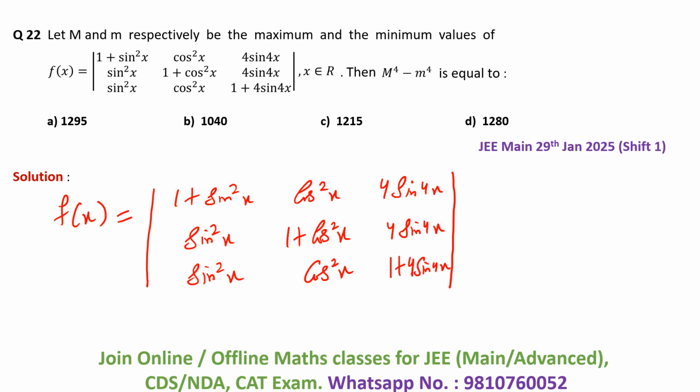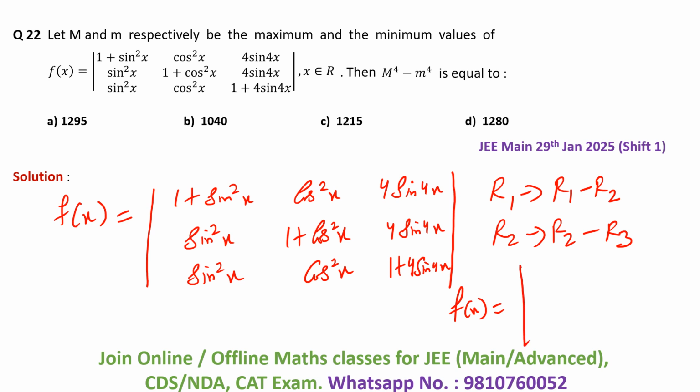Right? Now students, you can clearly observe, if I do these operations, R1 tending to R1 minus R2 and R2 tending to R2 minus R3, both of them simultaneously, then I will be getting f of x equal to determinant.